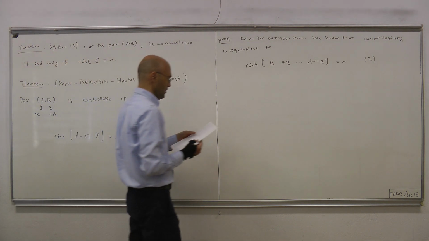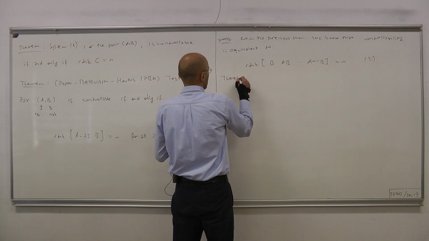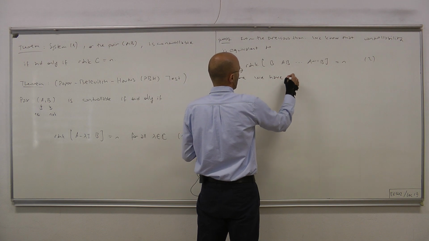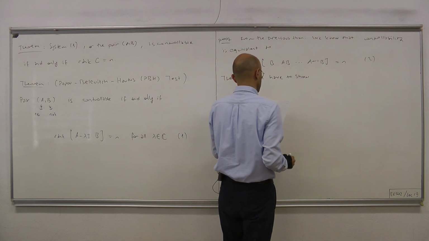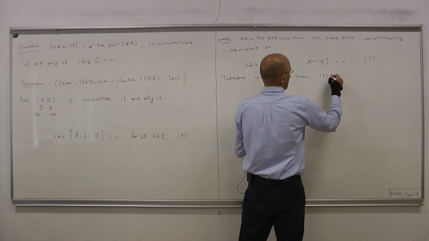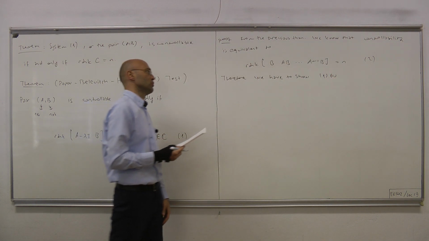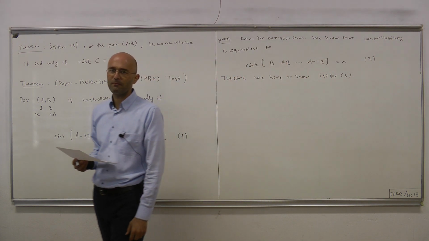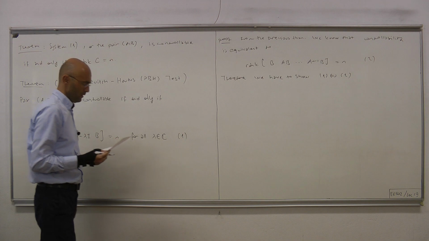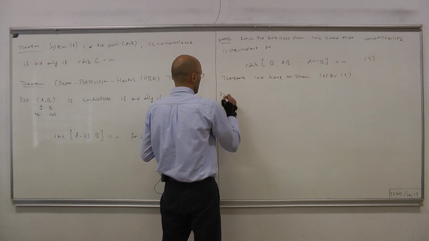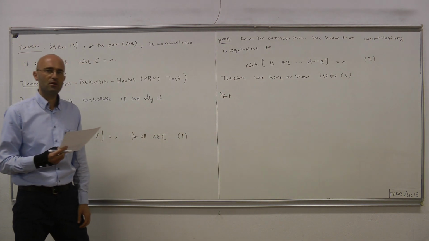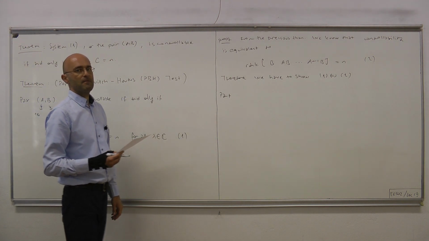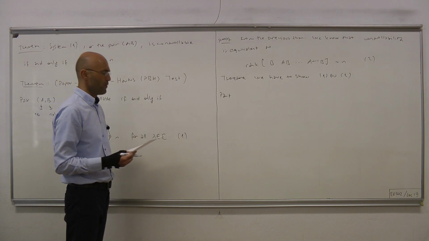So we will show the equivalence between conditions 1 and 2: 1 implies 2, and 2 implies 1. Naturally, we divide the proof into 2 pieces. In the first part, we show one implies the other; in the second part, we show the reverse direction.